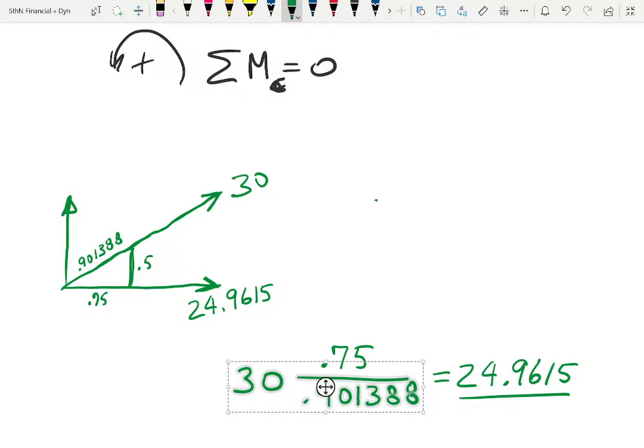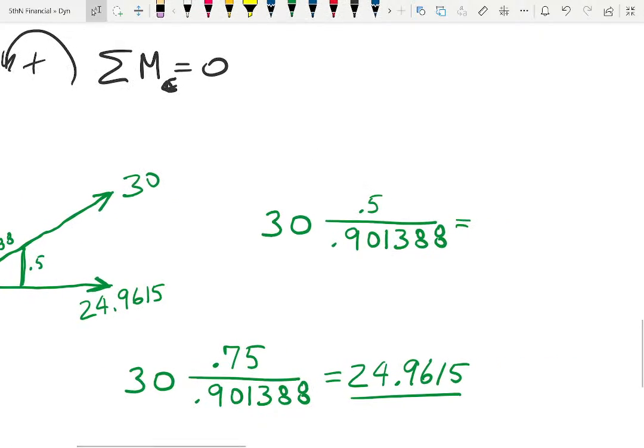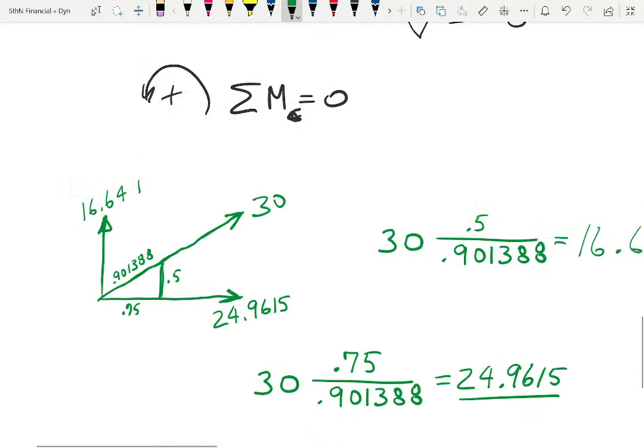Copy, and then paste, and then I'll put 0.5 over the top of that. That's going to equal, I'm doing that so I can take a picture of it. See if it got it. 16.641. Okay.